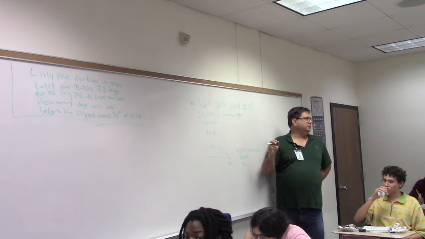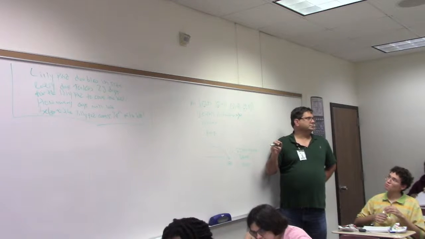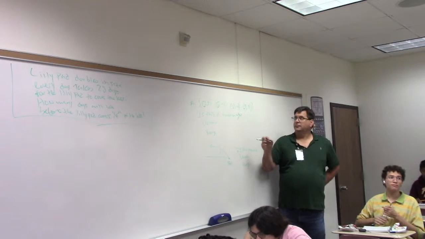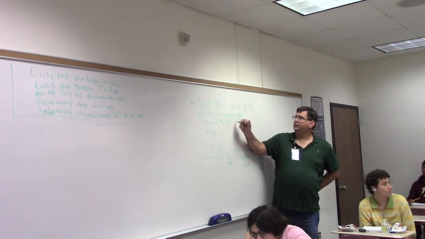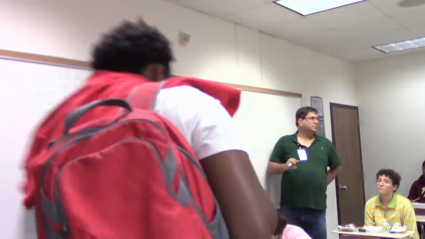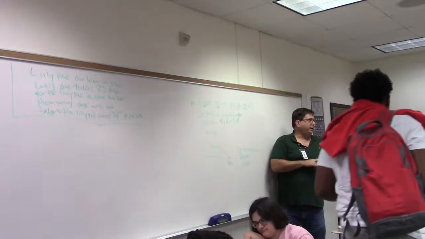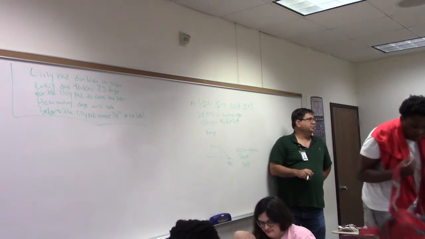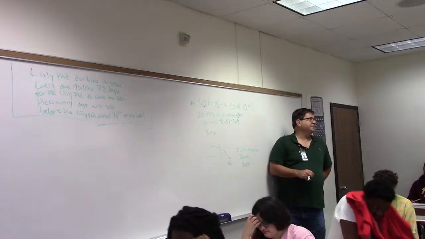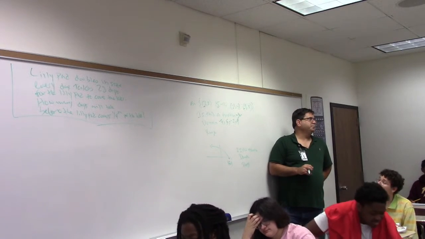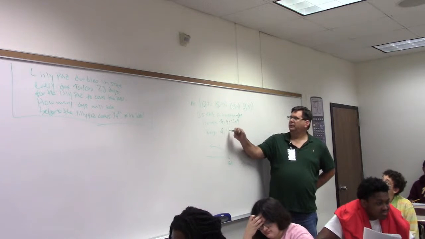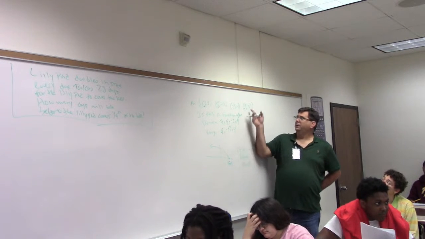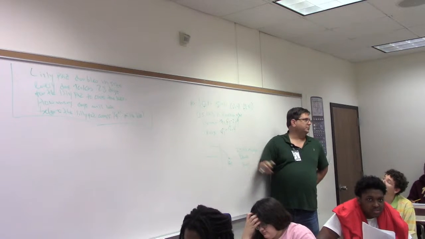What's the domain? 3, 5, -2, 9. You're just writing down the x values. So what's the range? The range would be the y values. 8, 4, -12. I don't write 8 twice because it's already written once.